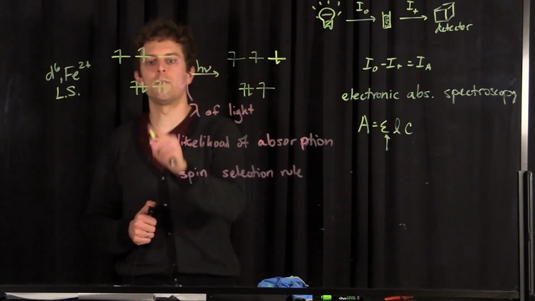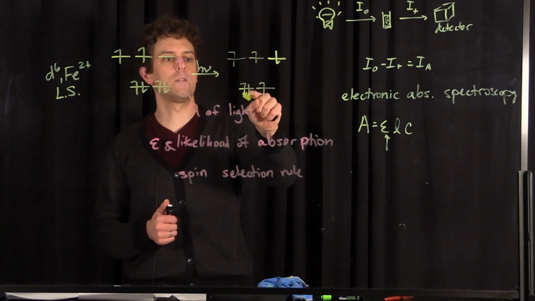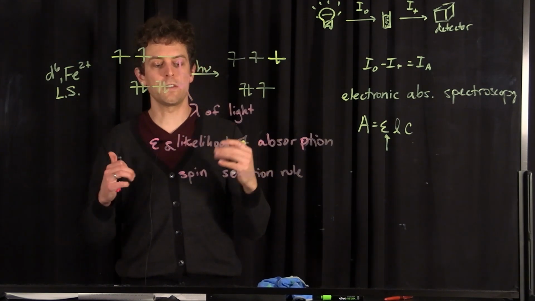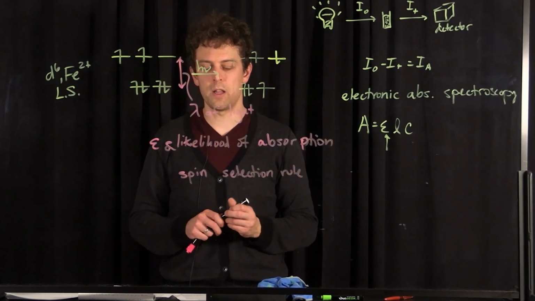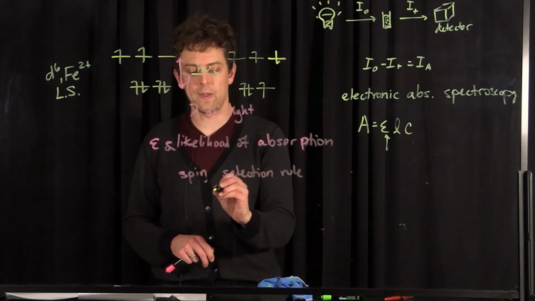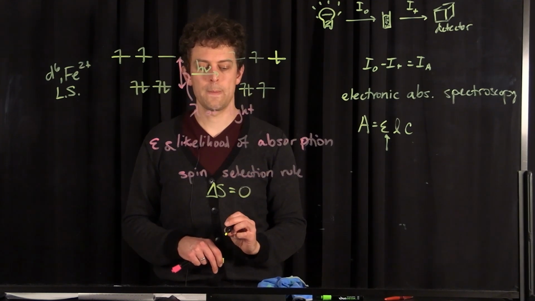Now I have 1, 2, 3, 4 up, and 1, 2 down, before and after. That's a spin allowed transition because the overall spin of the molecule doesn't change. So the concise way to put that is delta capital S equals 0.